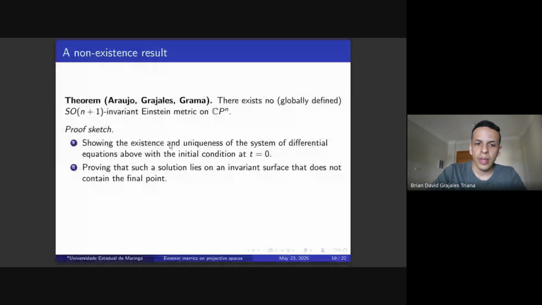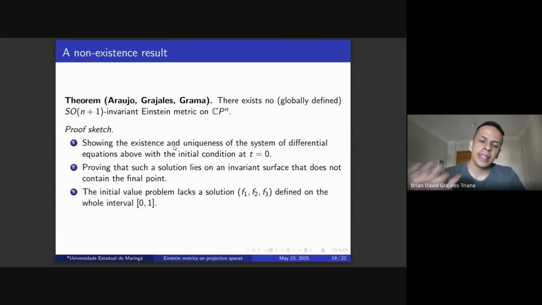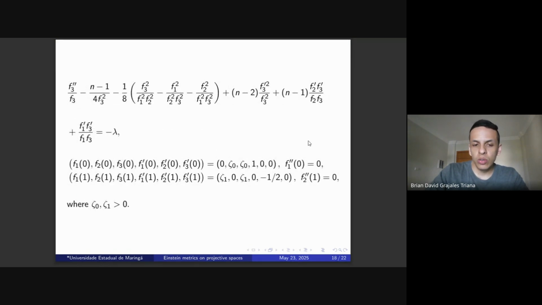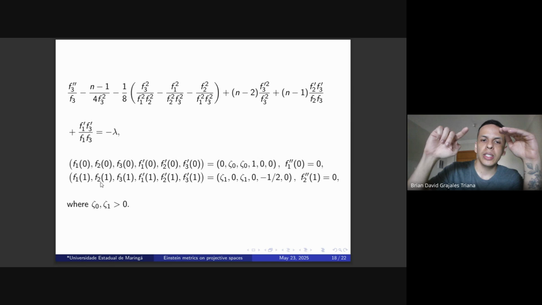That's the first step. The second step is to prove that the solution lies on an invariant surface. So we found an invariant surface of the system of differential equations. We proved that the solution must lie on that invariant surface. But the thing is that if the solutions were global, then the invariant surface must fit well at the boundary point t equals 1.